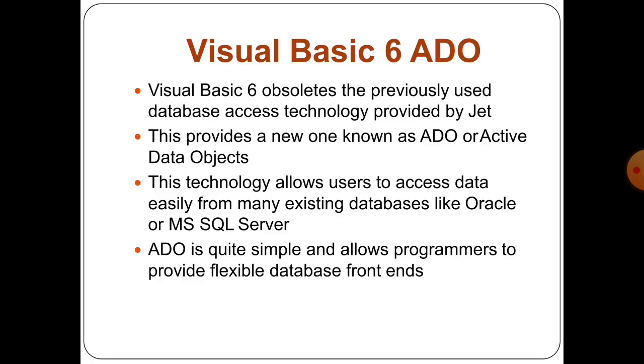This technology allows users to access data easily from many existing databases like Oracle, MS SQL Server, etc. Here ADO is simple and allows programmers to provide flexible database front ends.